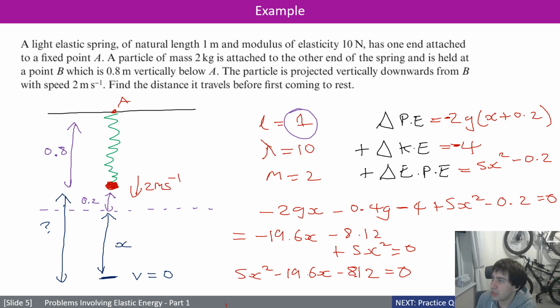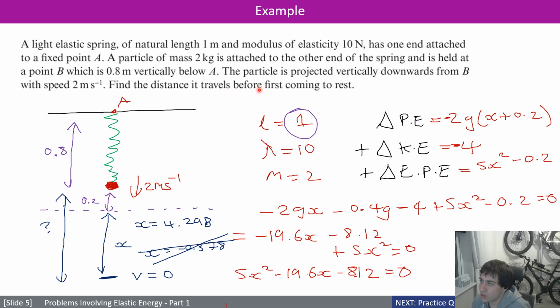So you will, in this case, end up with x equal to 4.298, or x equals minus 0.378. So by the same logic as in the previous example, we're going to ignore the negative, take the positive, and then remember what we've originally been asked.